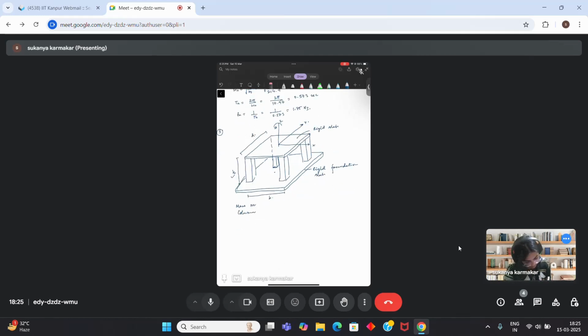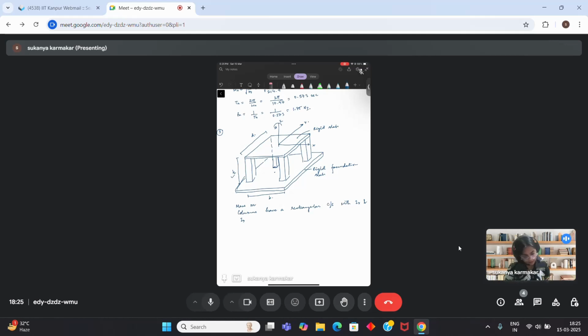So columns have a rectangular cross section with moment of inertia Ix and Iy. Okay. You have to determine the equation of motion for this system.